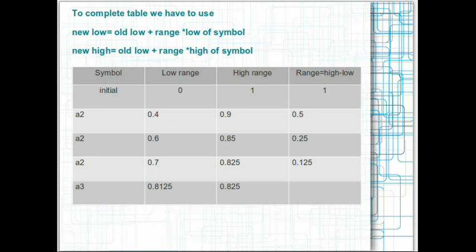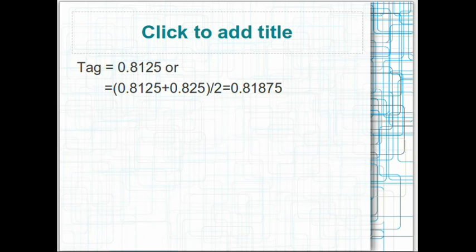Okay, so here we prepared the table, it is completed. Now the final task is to write the tag value. The tag value is taken from the very last row. The last row contains 0.8125 as the low range and 0.825 as the high range. Therefore your tag value becomes 0.8125 or the average of these two values as shown here.